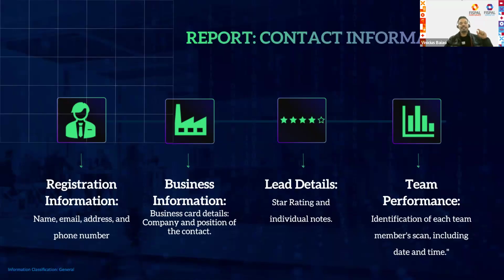And we have the team performance. You can see each user of your team who scanned that credential, that QR code, and you can see the date and time as well. So you can keep track of the performance of your team during the event. An important detail that I didn't say earlier: when you're adding each user that's going to use Leadster, each needs to have an individual email.